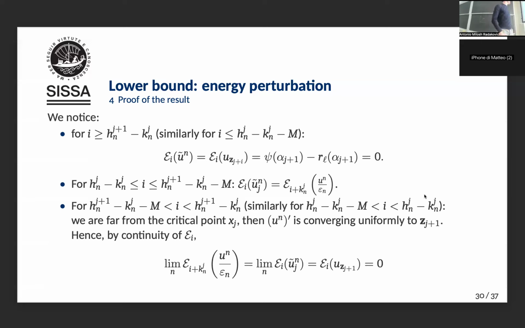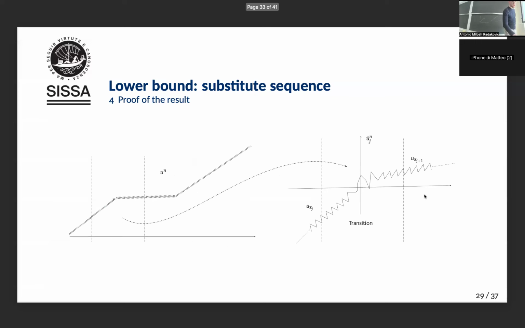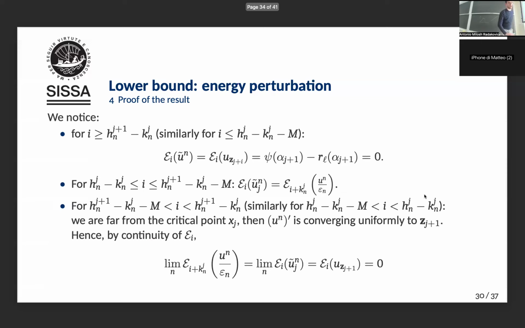So we are not adding anything. Instead, what happens when we are a little bit far from those dashed lines is not a problem, because the function is really preserving the energy density. The only problem is what is going on near the dashed lines, but this is only a problem for a finite amount of indices.